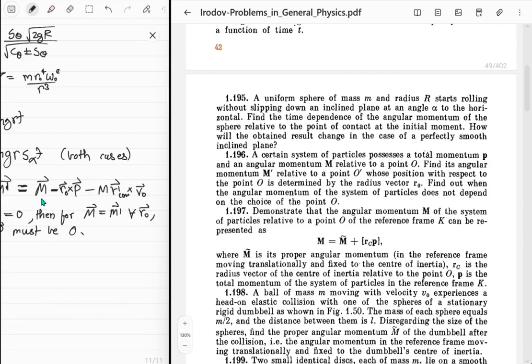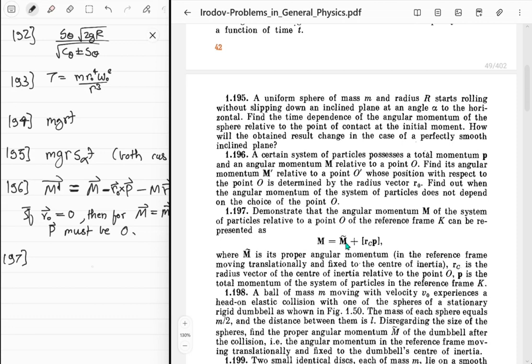Then m vector would just become this, and your m dash vector is now rewritten as m vector. Yeah, notation is different over here. That's why this becomes that. But in the end, the whole concept is the same thing, right? And then you got minus r naught vector plus p vector.